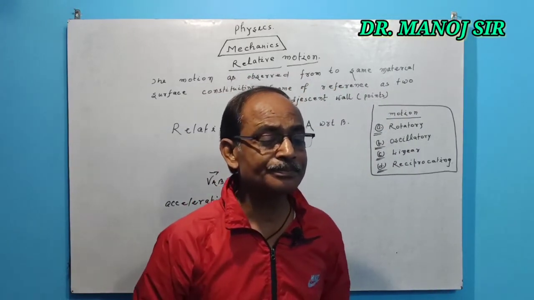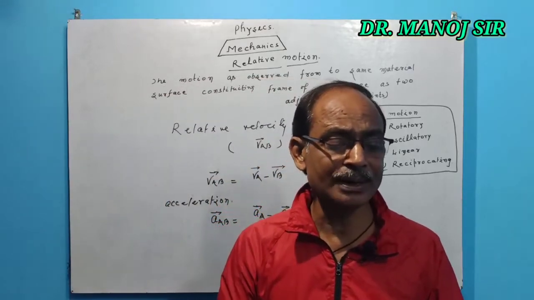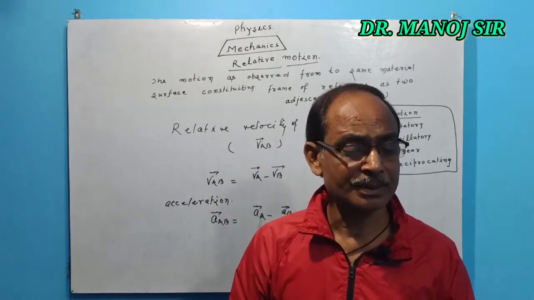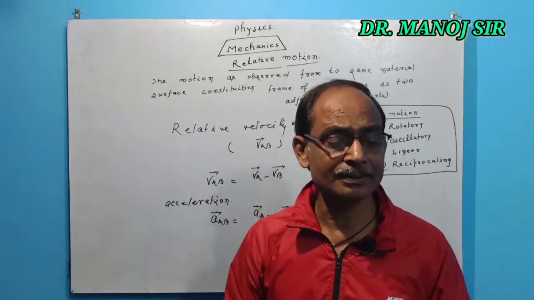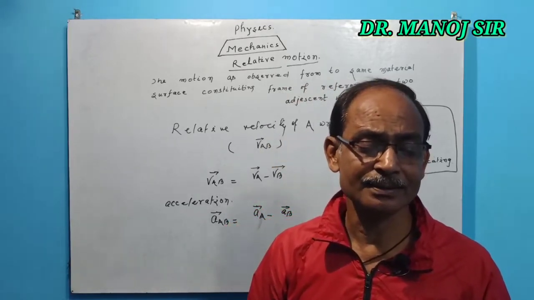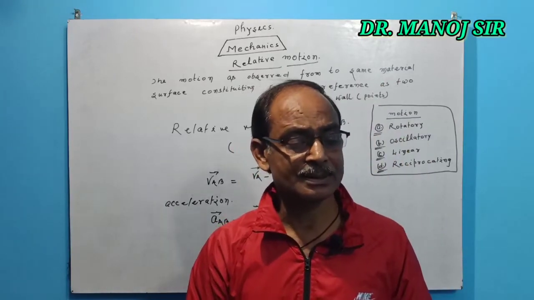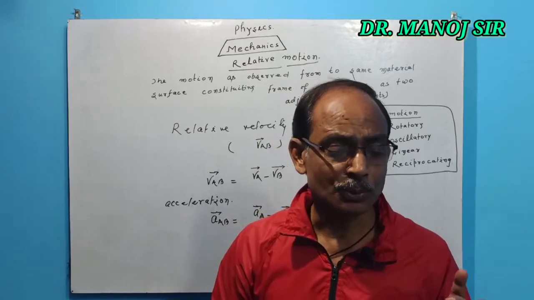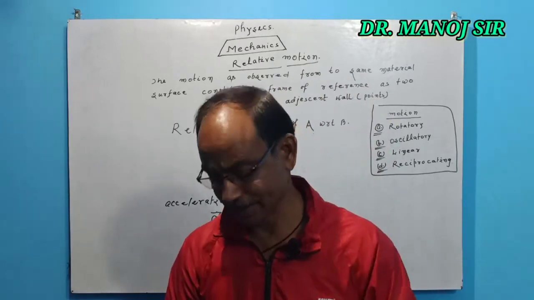If it is one-dimensional motion, then we can treat the vector as a scalar just by assigning a positive sign to one direction and a negative sign to the other direction.